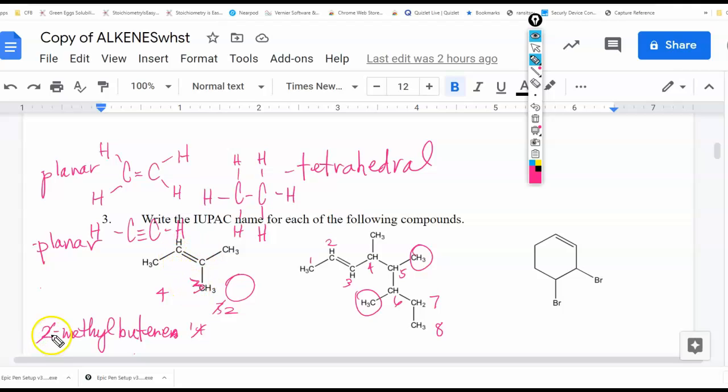No, I named that one correctly. This should be 2. I'm rethinking that. Okay, so if that's the case, I have 3 methyl groups, and they're on the 4, the 5, and the 6 carbon. So I did name this wrong. This should have been 2-methyl-2-butene.